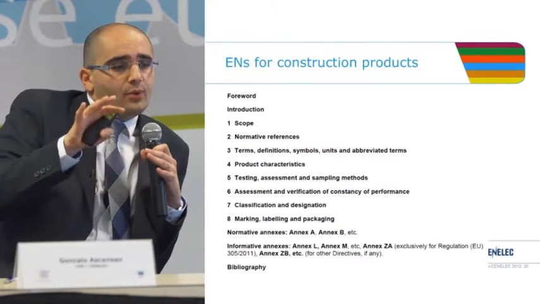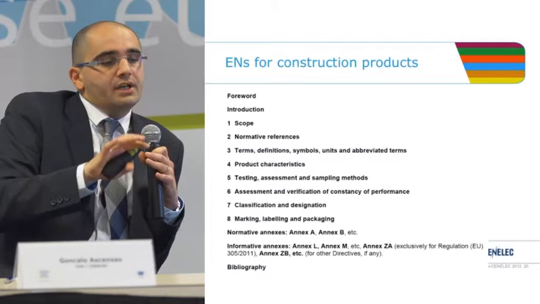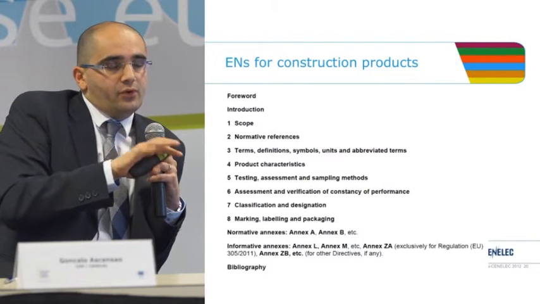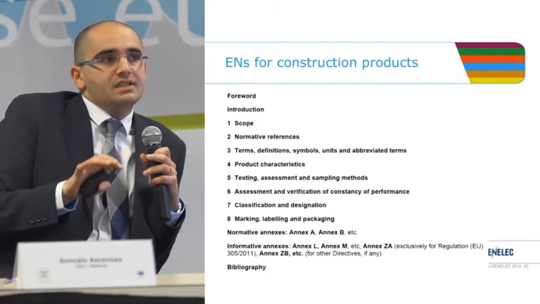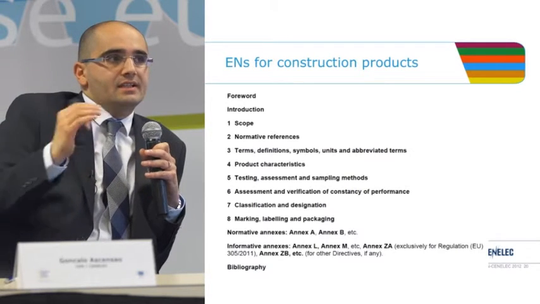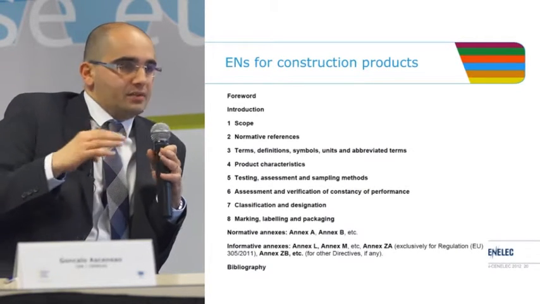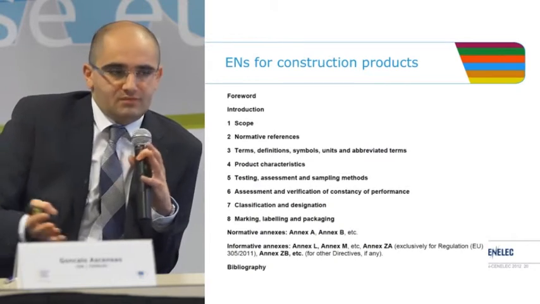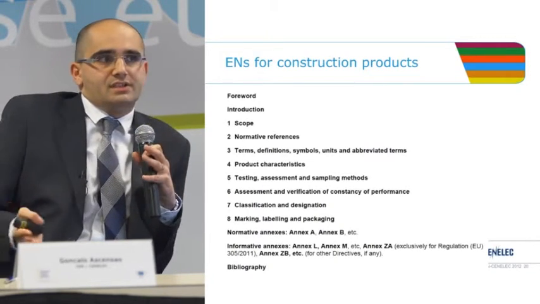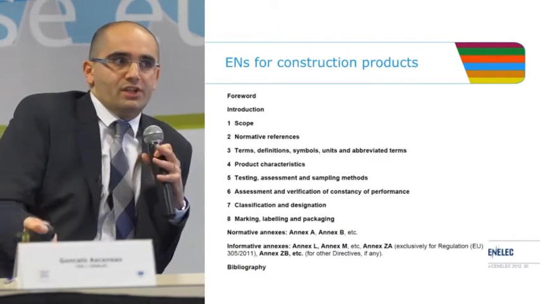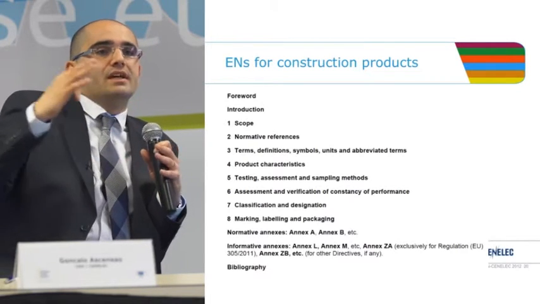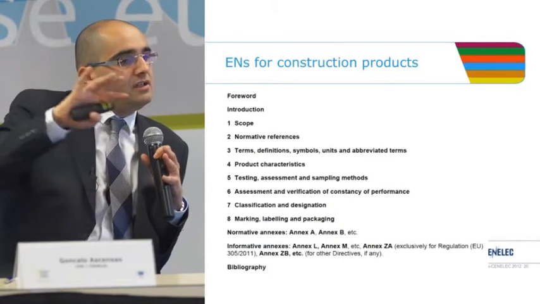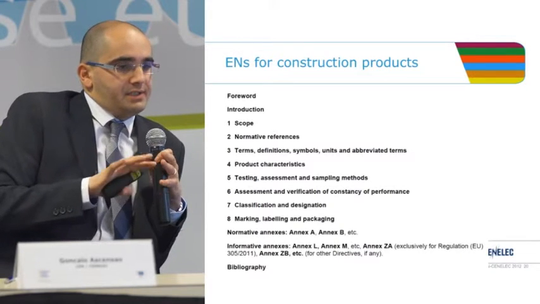There is an important point in this clause 4. Usually clause 4 of a standard means the requirements in the standard. There was some discussion in the past that some member states could associate requirements with additional requirements, so we decided now to change from requirements to product characteristics.